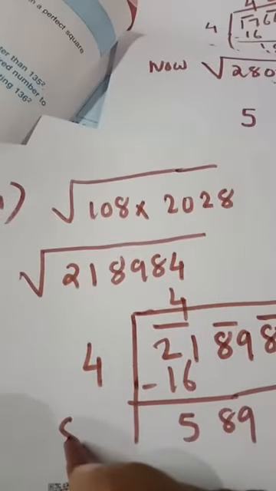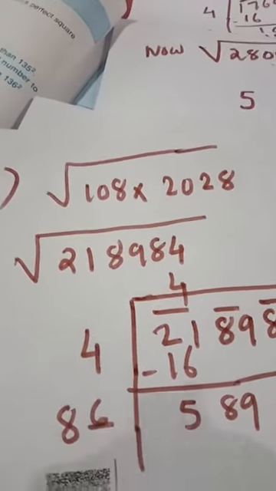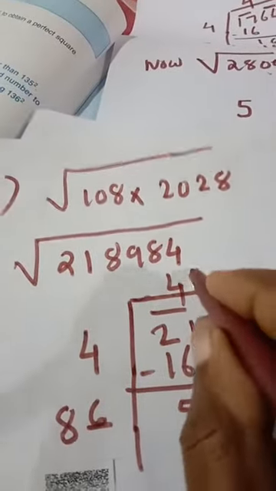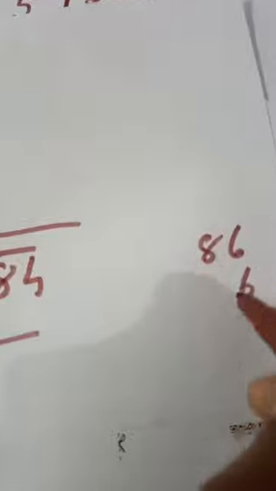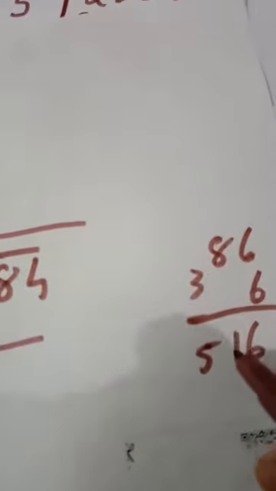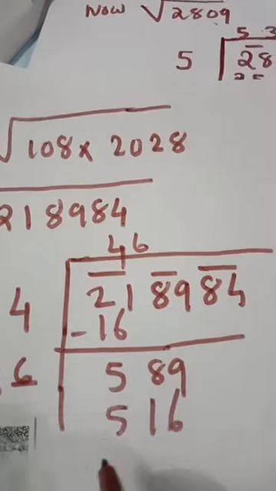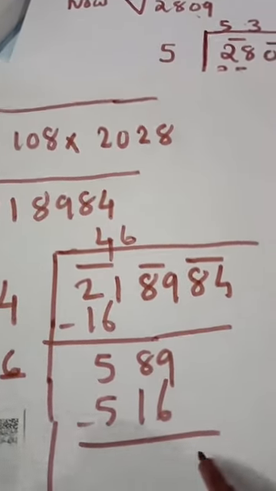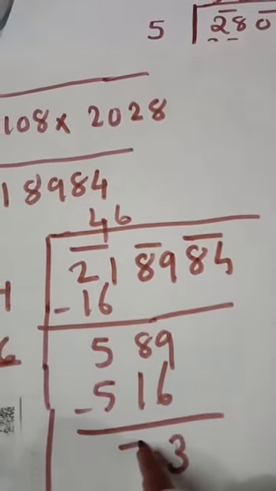Now double of 4 is 8. Now which number are we taking here? 6. We can take 6. Here also 6. 86 into 6 you find. 86 into 6 is 516. Now 3, here 7.